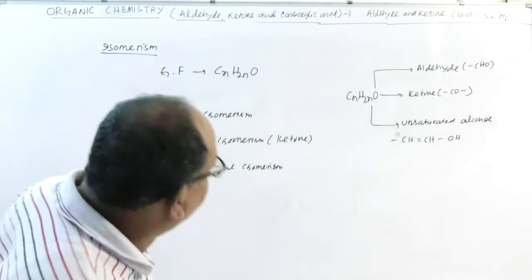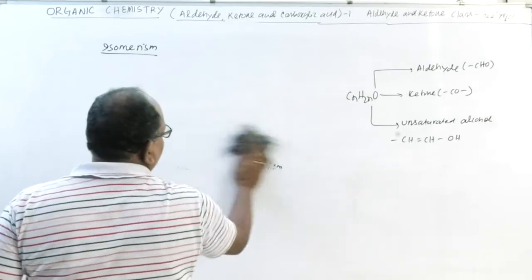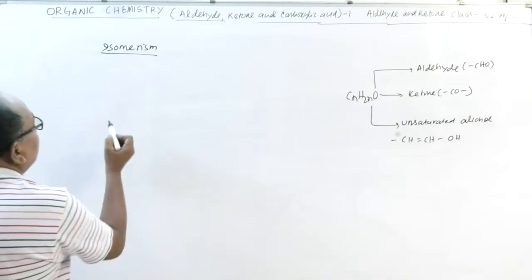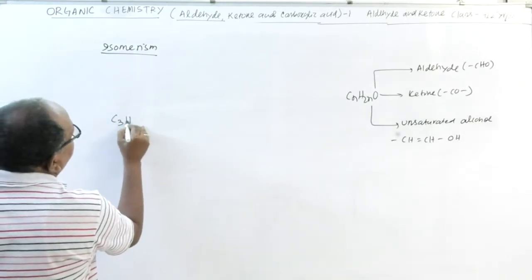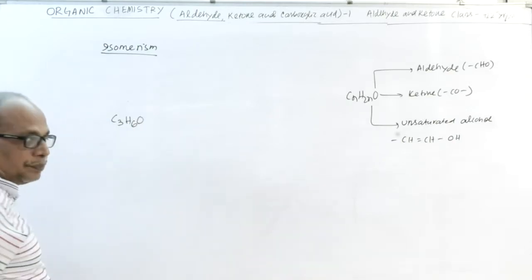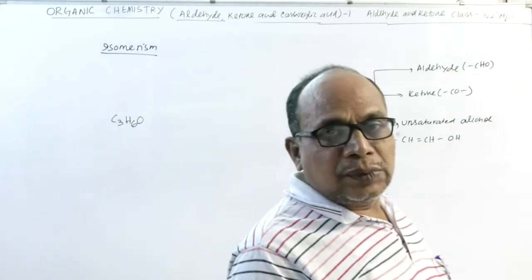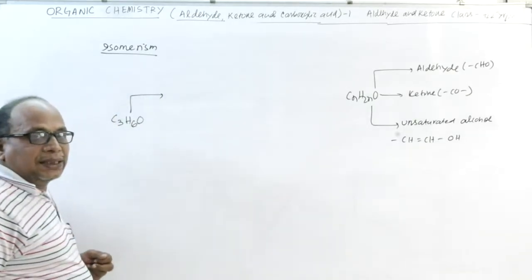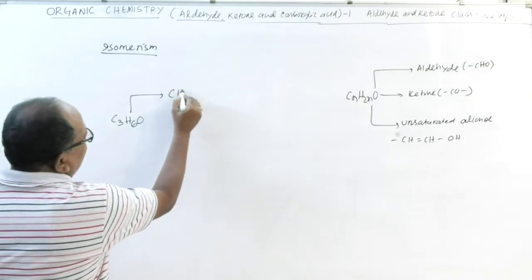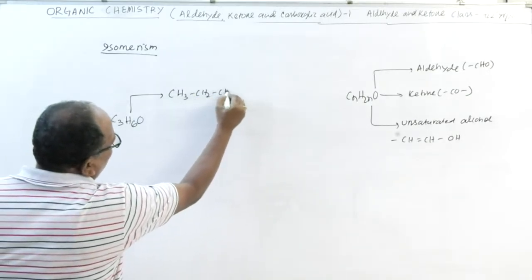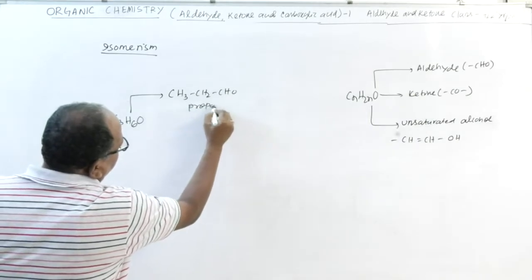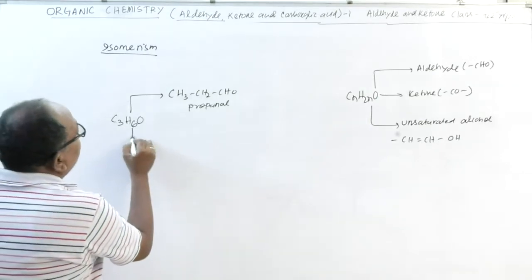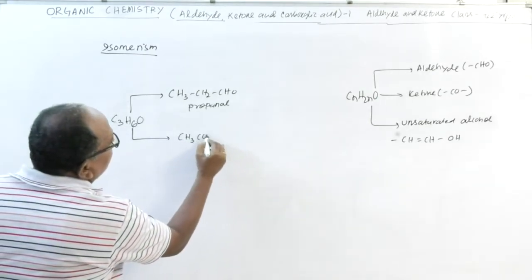Suppose I take a particular compound having the formula C3H6O. From this we can represent CH3, CH2, CHO. This is called propanal. We may also represent it as CH3, CO, CH3.